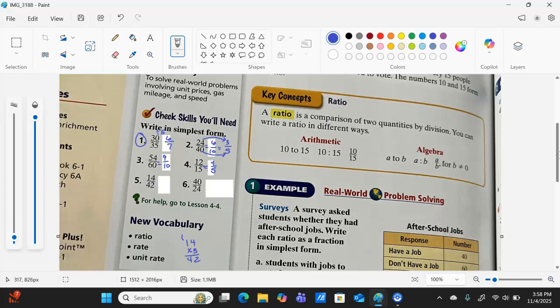Yeah, 42 is a multiple of 14, so this is 1/3. And then here, 40 over 24, I'm going to divide by 4 first, because that's the first thing that popped into my head. Oh, and again, the same thing as in number 2 here. If I'd have divided by 8, I would have gotten to it quicker. So 5/3, or that would be as a mixed number 1 and 2/3.